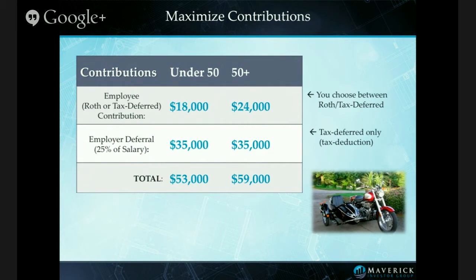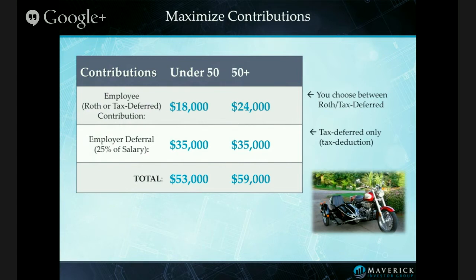Let's say you only paid yourself $18,000 in your business, you can put 100% of that in a tax-deferred or tax-free environment inside this solo 401k. If you're above the age of 50, you can do that up to $24,000.